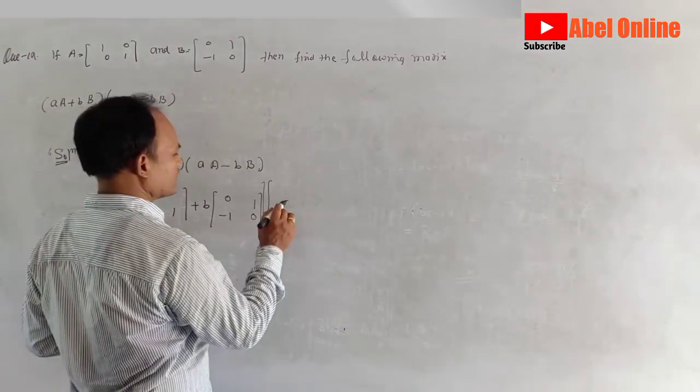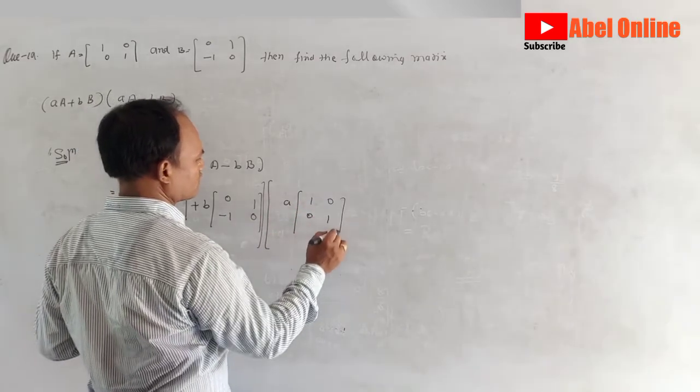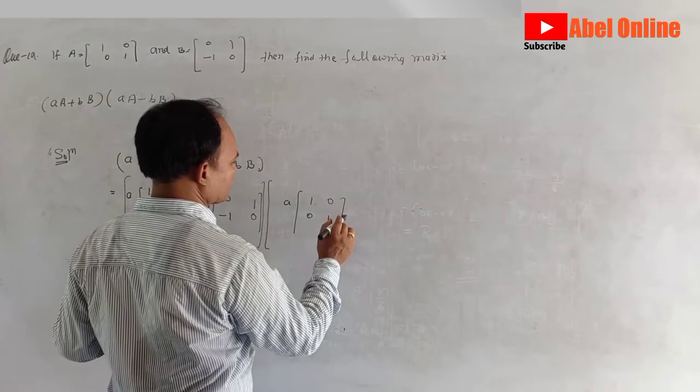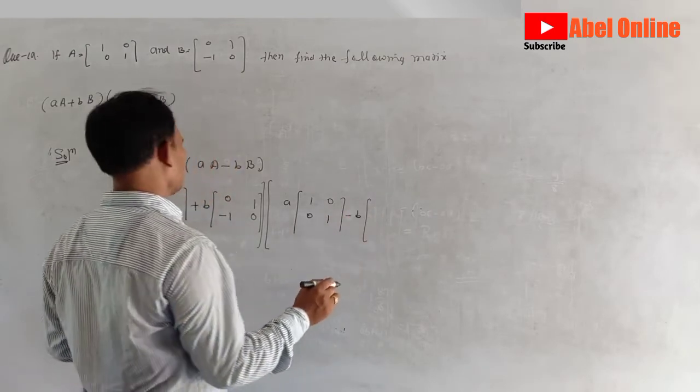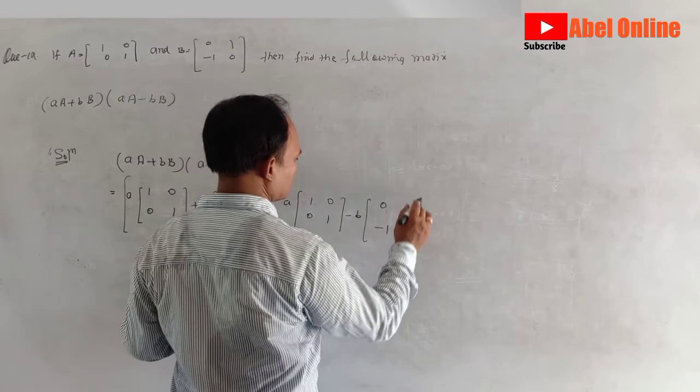It is the same A, 1 0 0 1, minus B, which is 0 1 minus 1 0.